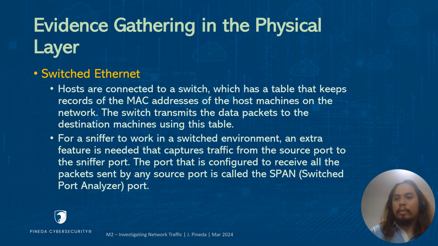Now, let's go to evidence gathering from the ARP table. We talked about ARP, address resolution protocol, that contains the IP and its matching MAC address. So the ARP table of a router comes in handy for investigating network attacks, as the table contains the IP addresses associated with the MAC addresses.